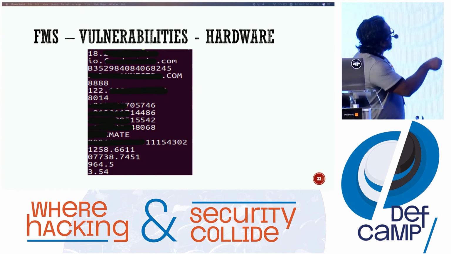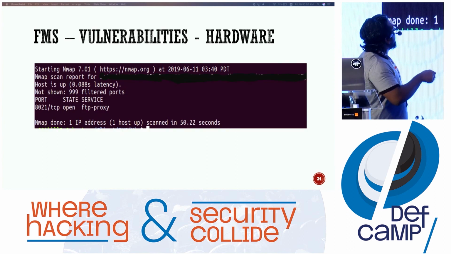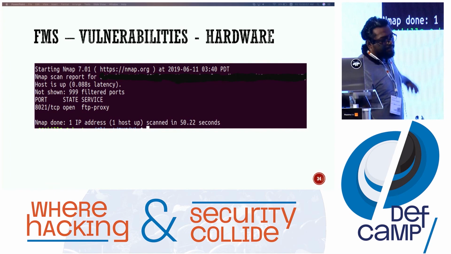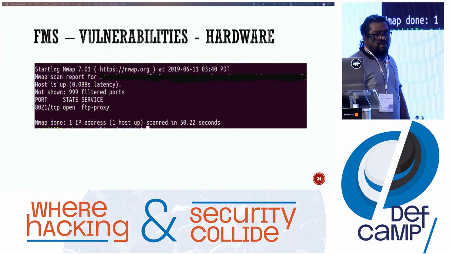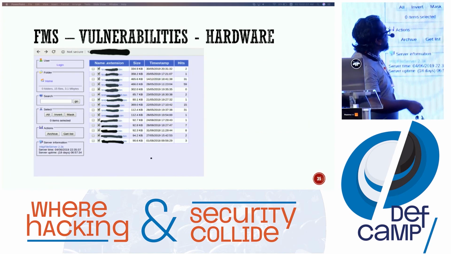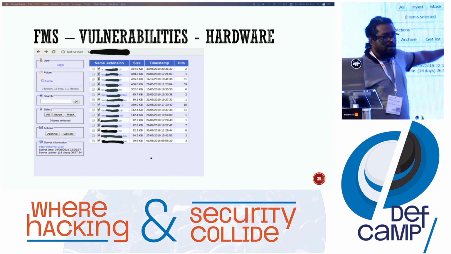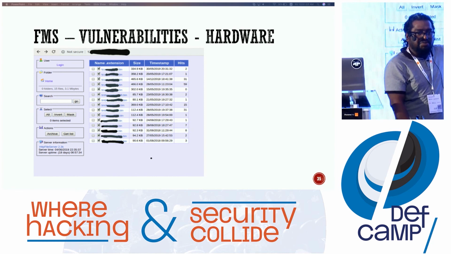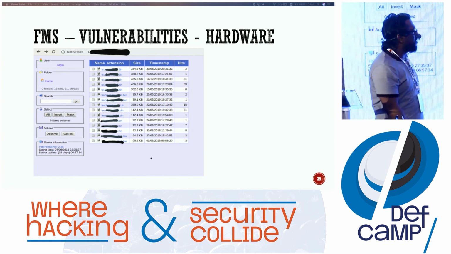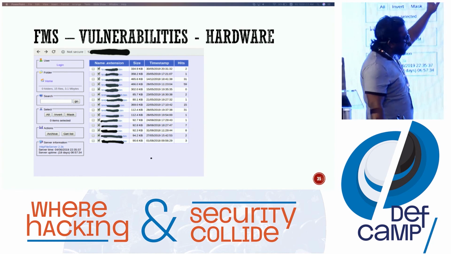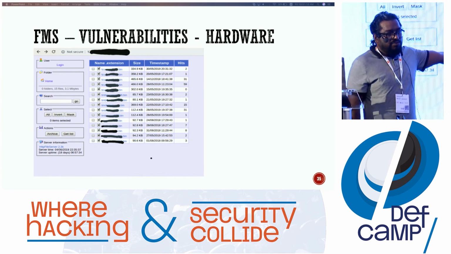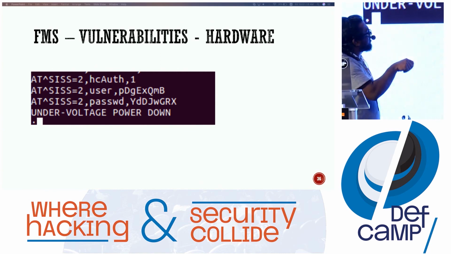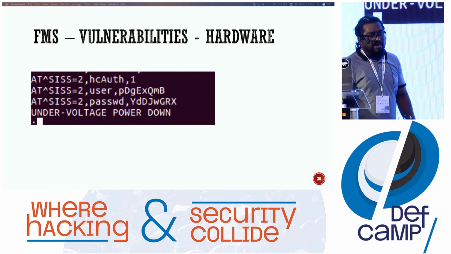When we scanned this IP address with the help of Nmap, we found this FTP server running, and we found all the bin files, that is firmwares, right? These are the firmwares used for the fleet management systems. When we extracted those firmwares and did reverse engineering, we found some passwords over here, a username and password for a particular link.